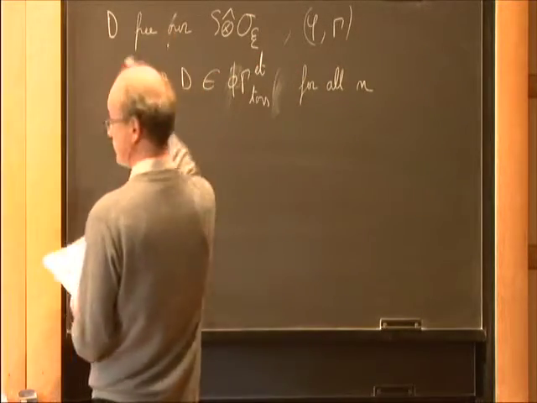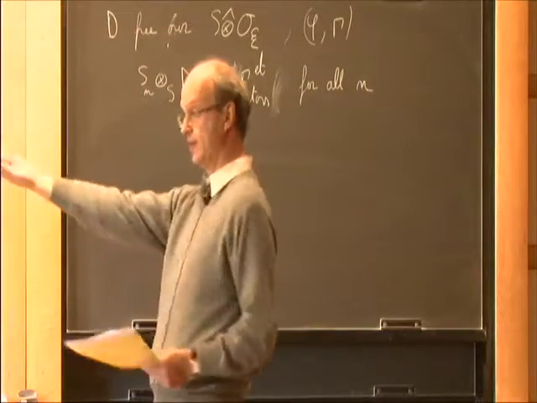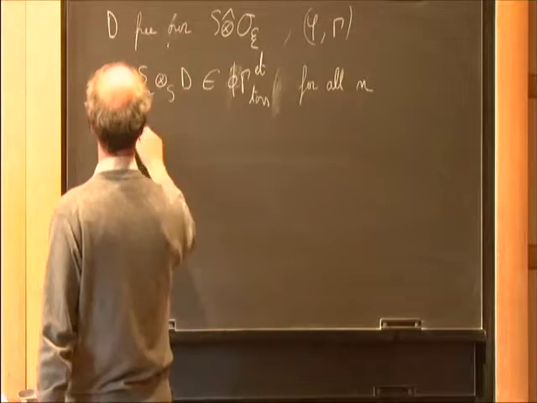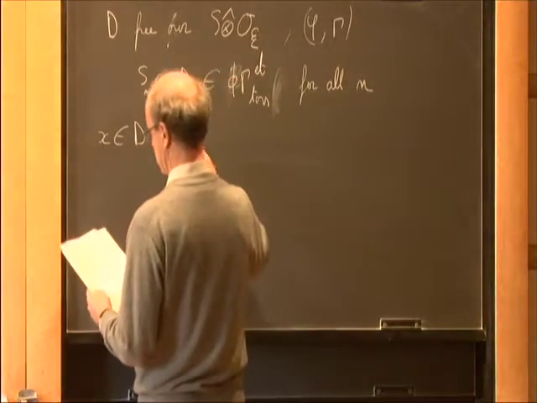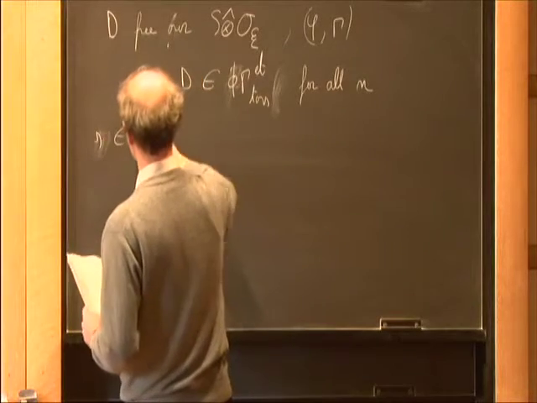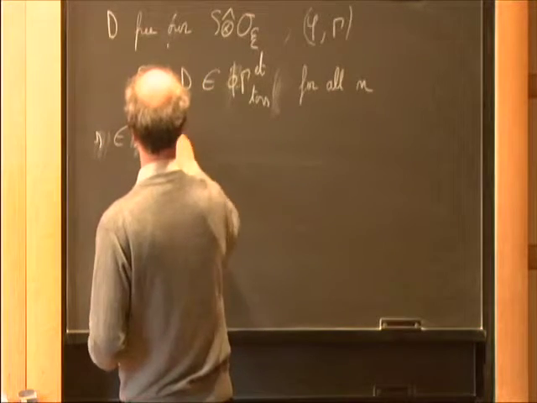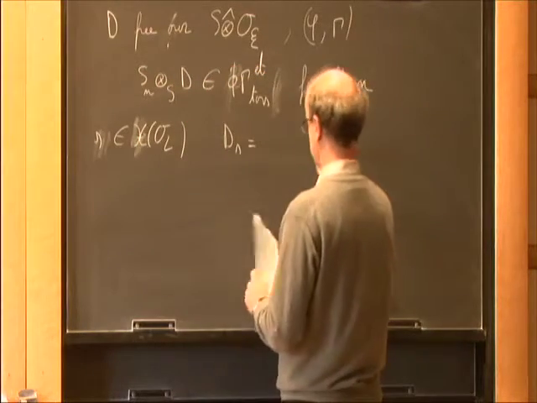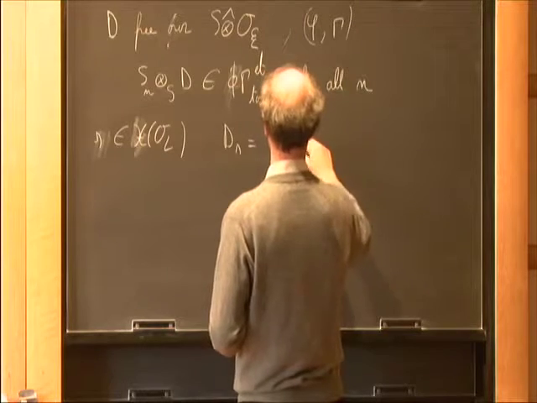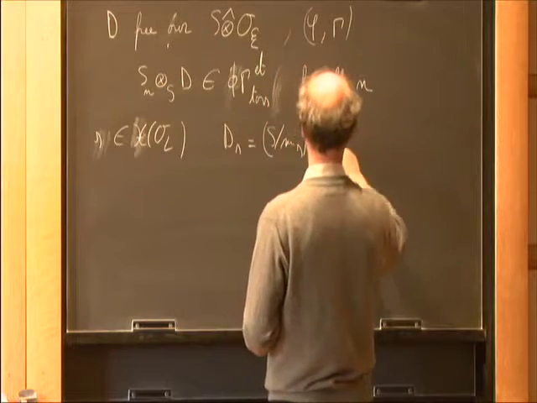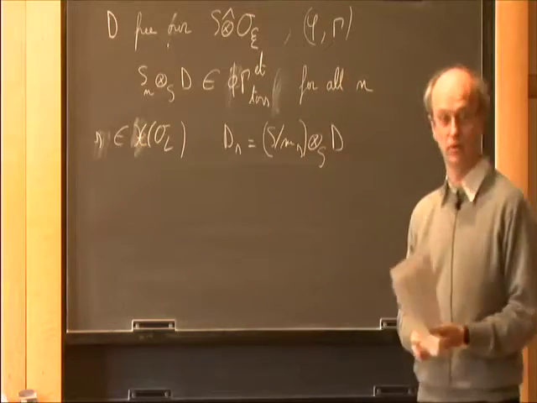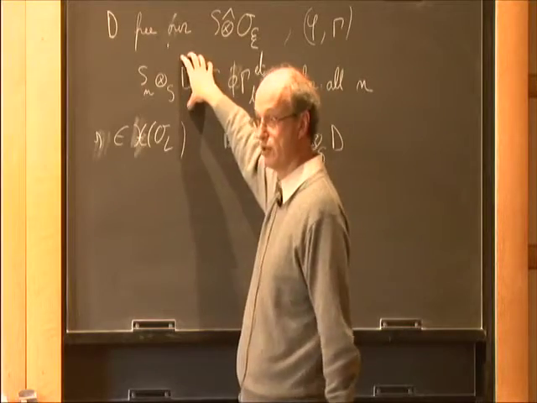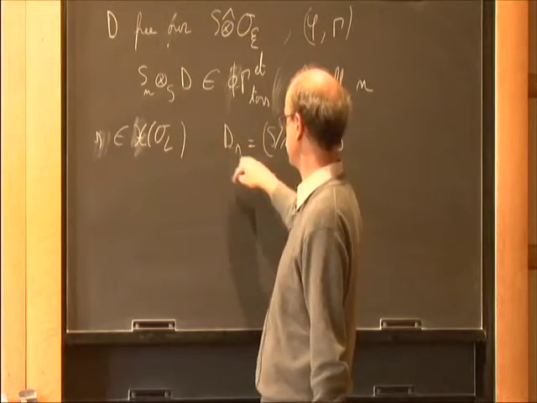Yeah, and now if you have such a thing, you can also view it as a family of phi gamma modules, because if you take an element x in D, you take an element s in X of OL, then you just define a D_s by extension of scalars S modulo m_s tensor over S of D. And so one way of thinking about this situation is saying that this big D is just a big family that parameterizes all these D_s.